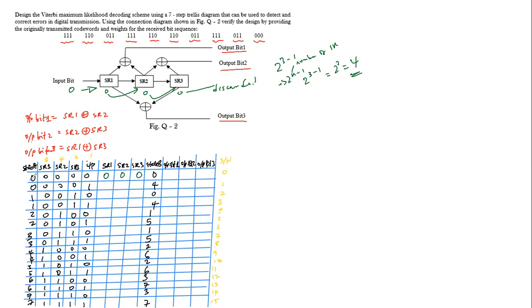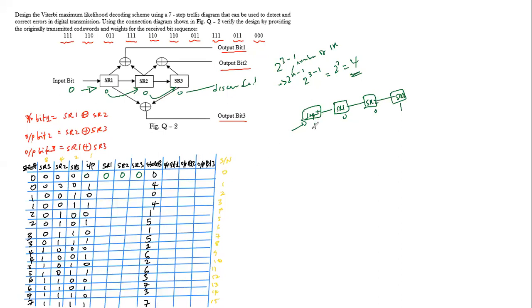Because at this point, we have 3 shift registers, so we want to assume we have the input block, then we have shift register block 1, shift register block 2, shift register block 3. If they hold separate bits, say 001, we will definitely have a bit that will feed into this input, say 1, for instance.